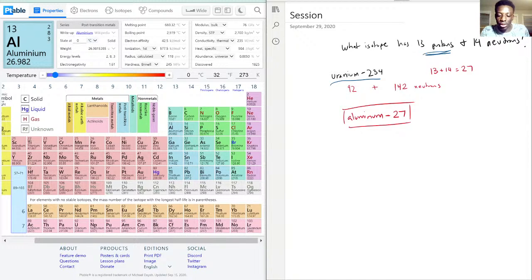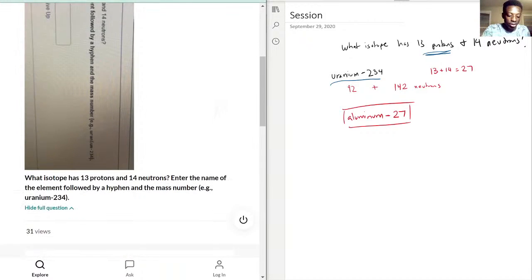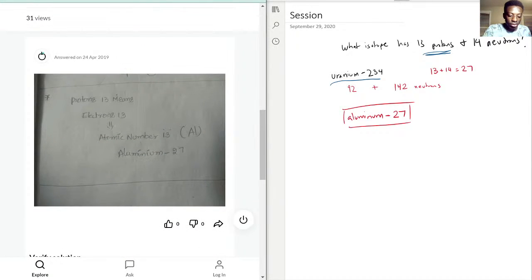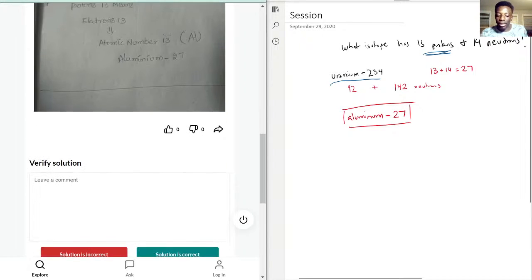So that's how you'd solve these type of questions. And let's see here. Yep, they definitely got aluminum 27 because they first saw that the protons is 13, and that gives you your element, aluminum, and then they added it together.